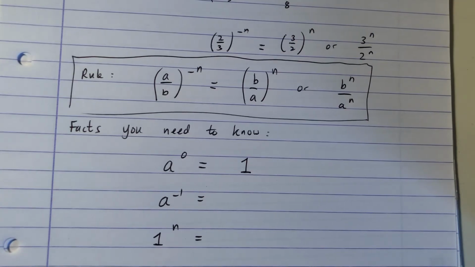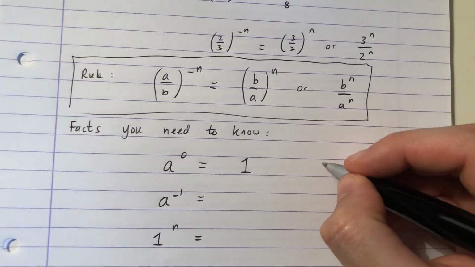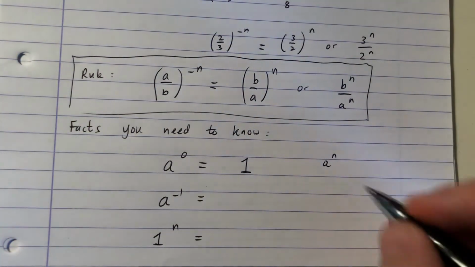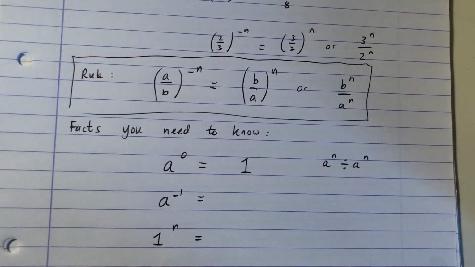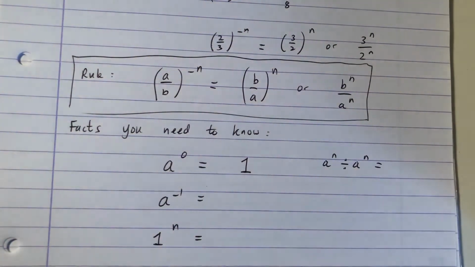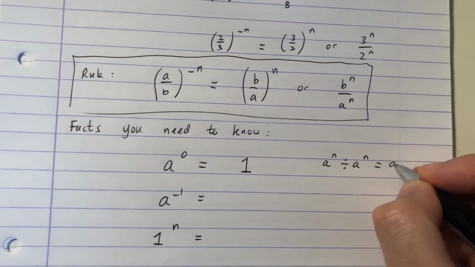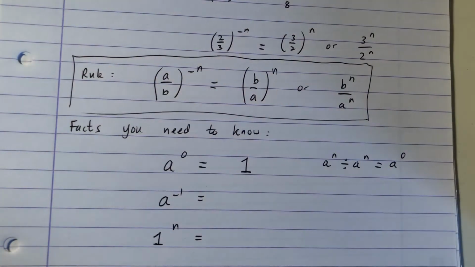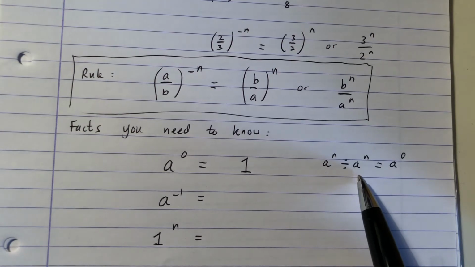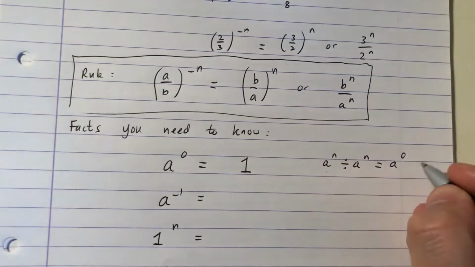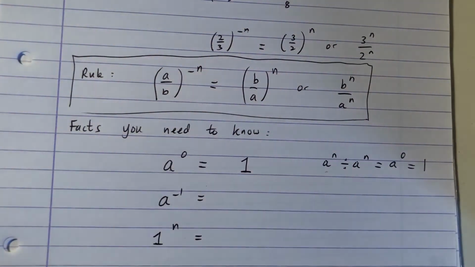The reason for that is if you took something like a to the power of n, and you divided it by a to the power of n, then in index form, you would subtract the powers and you'd get a to the power of 0. But there's a very basic rule in maths, when you're first introduced to division: if you take a number and you divide it by itself, the answer is always 1. So that's why this is equal to 1.